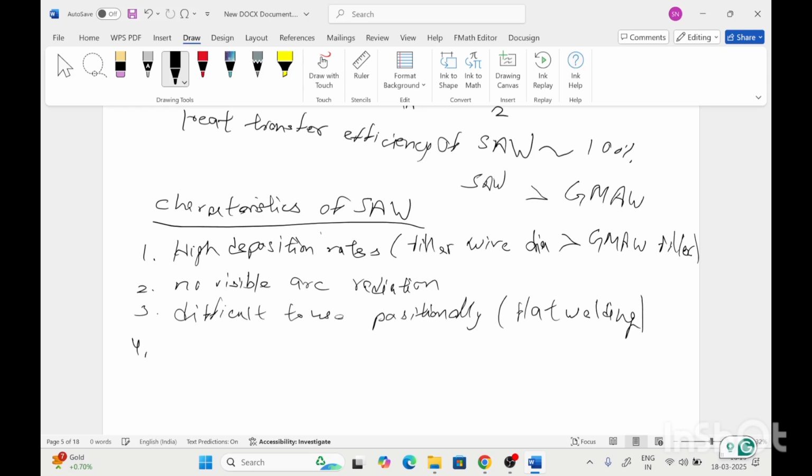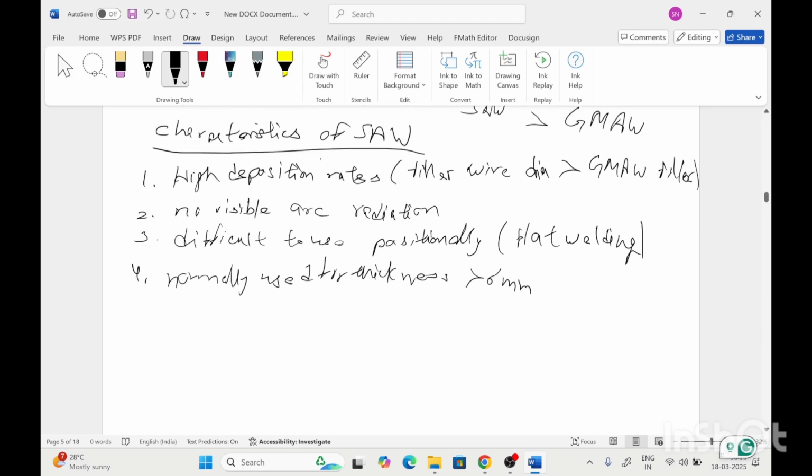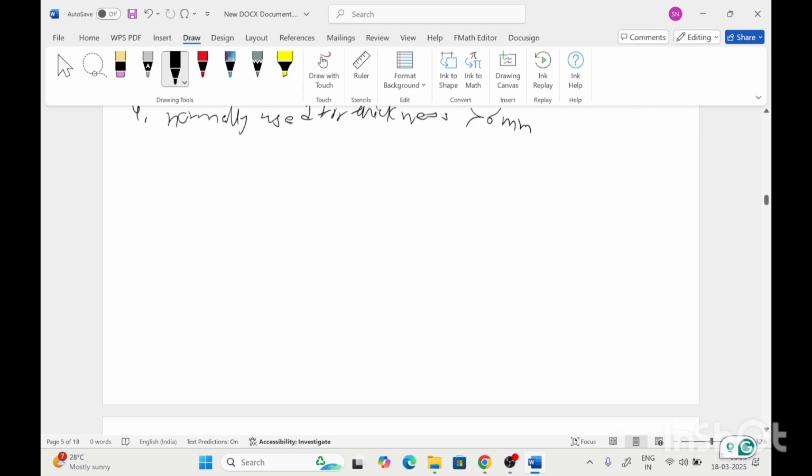The fourth point is that it is normally used for thickness greater than 6 mm, meaning thicker sections can be easily welded.